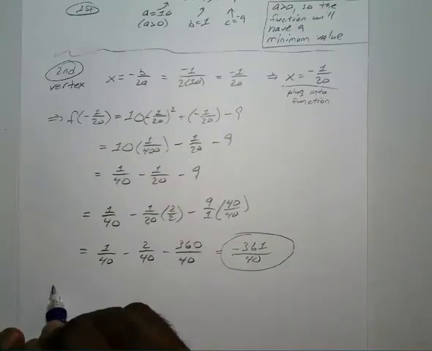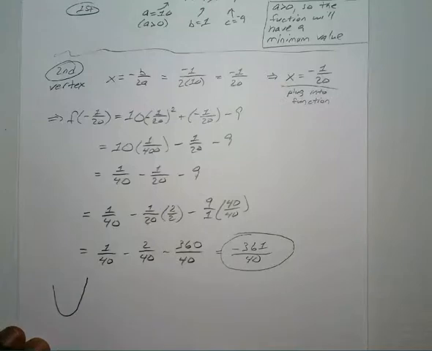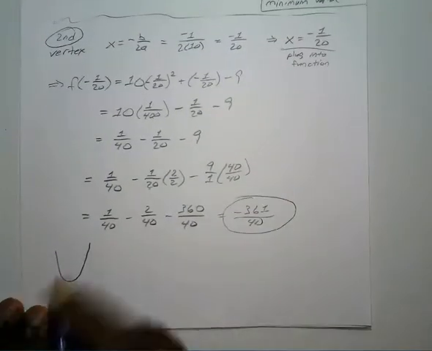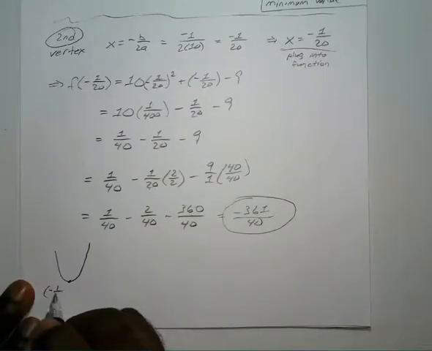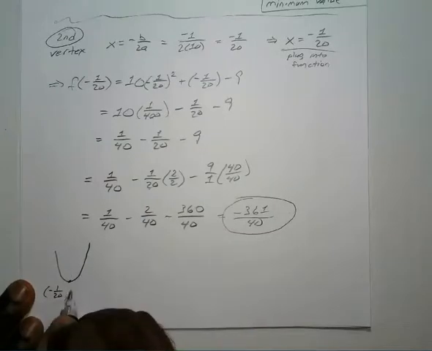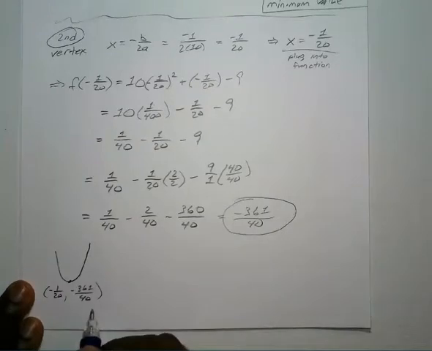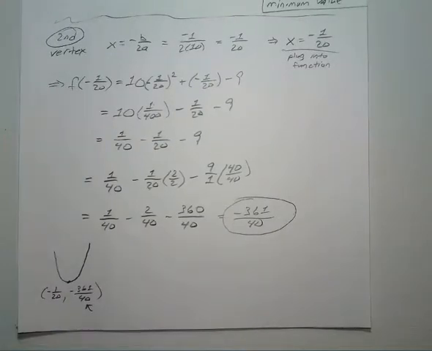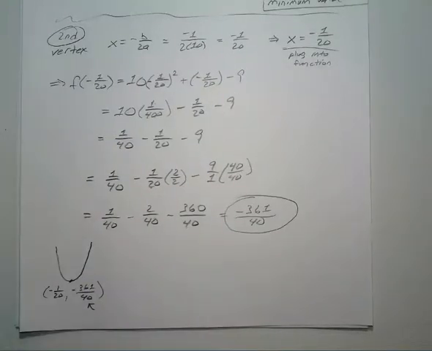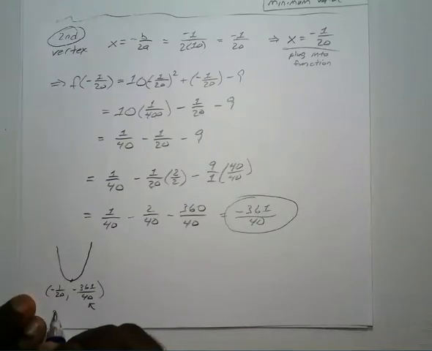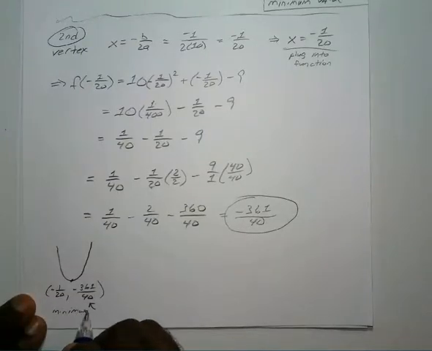So your graph will look something like that, where this is your vertex, and that's going to be the point negative 1 over 20, negative 361 over 40, where that's your lowest y value. Okay, every other y value is going to be higher than that, or your minimum value.